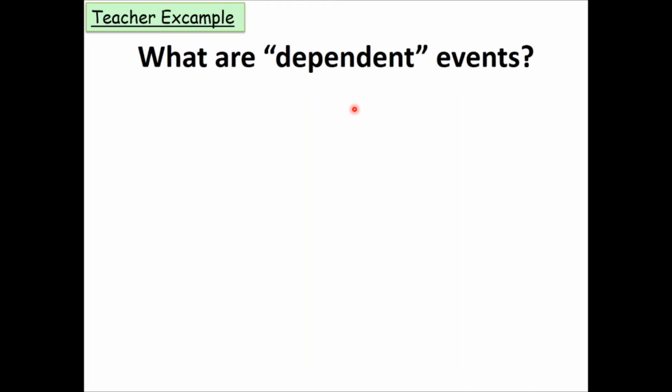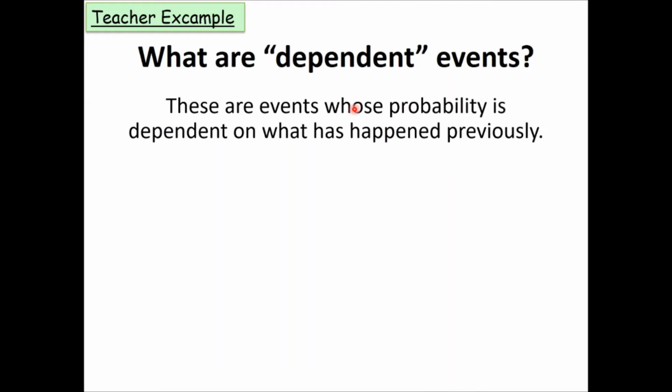So for the first part, we need to look at what are dependent events. In the context of probability tree diagrams, a lot of the questions will be things like you've got a box containing items and you take one out, or a bag containing counters and things like that. Dependent events are where we need to think about what's happened previously.